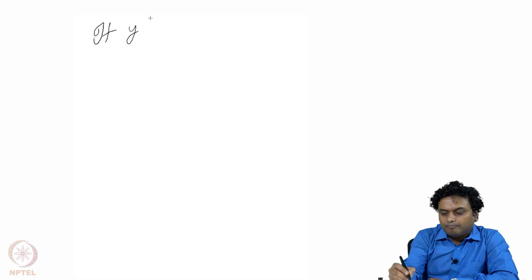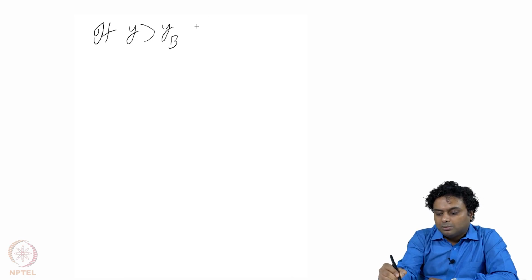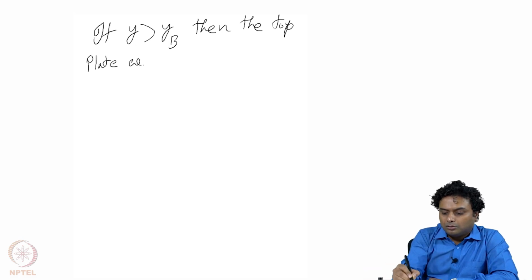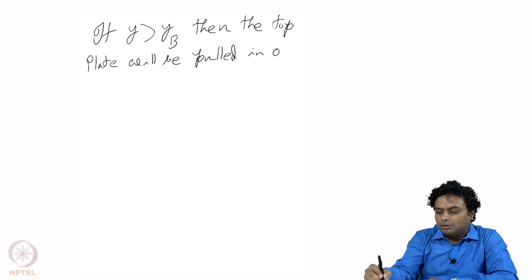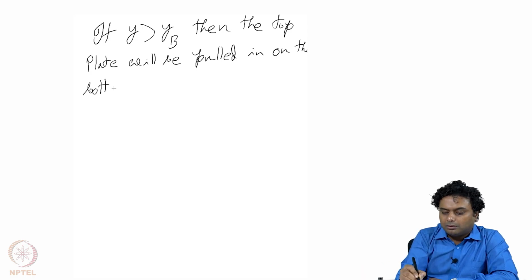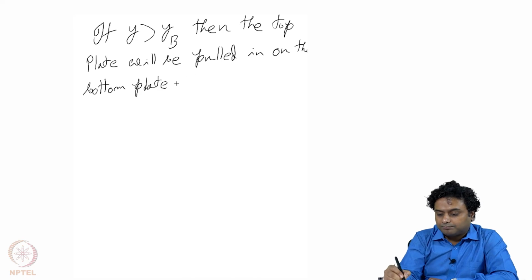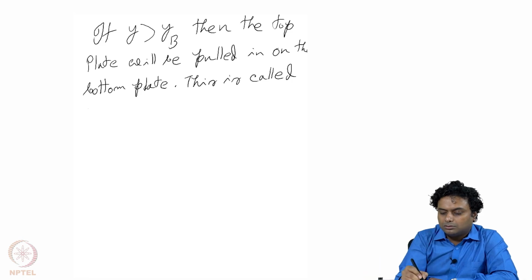If y is greater than yb, then the top plate will be pulled in on the bottom plate, or it will snap on the bottom plate, and this is called pull in.